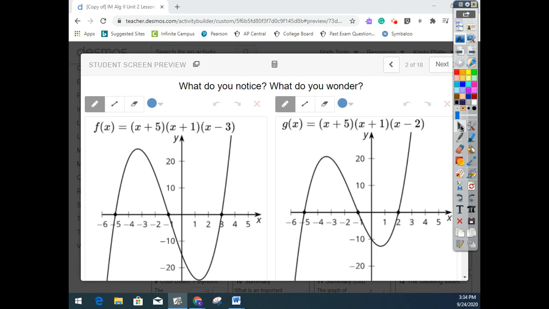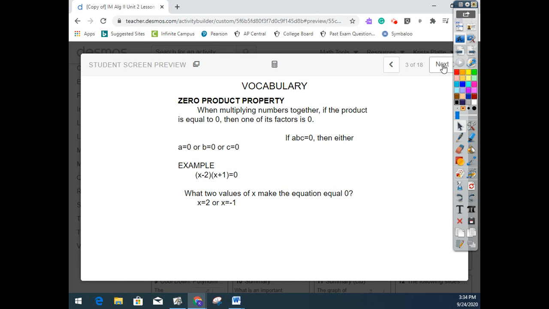Okay, so hopefully you're noticing the zero product property. You would have heard this in algebra. The old books called it ZPP. If you multiply things together, if A times B times C equals 0, then either A is 0, or B is 0, or C is 0.